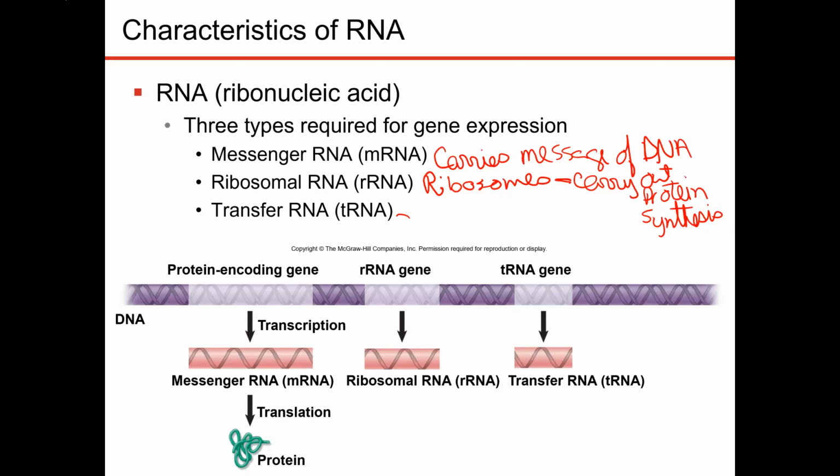Transfer RNA carries the amino acid. Carries that appropriate amino acid to the ribosome, helping to form that long polypeptide of amino acids, which will fold into a functional protein.